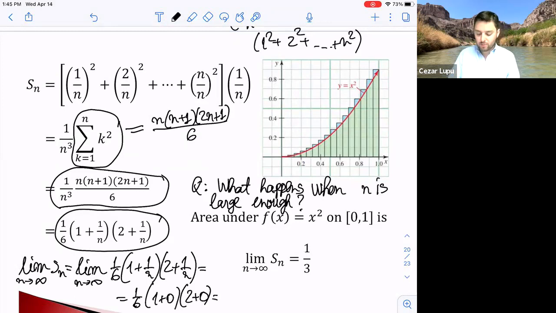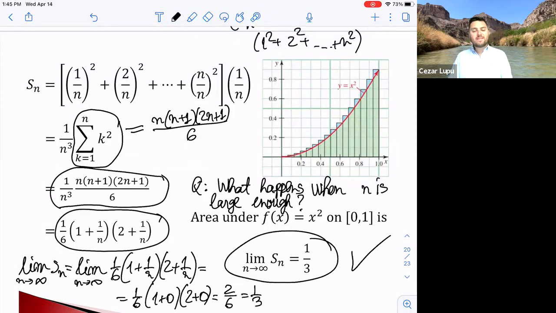It will be 2 over 6, which is 1/3. And there you go. So that's the area under the graph. So we did all this just to find that the limit is 1/3. So that's the area under the graph. So we did it the hard way.